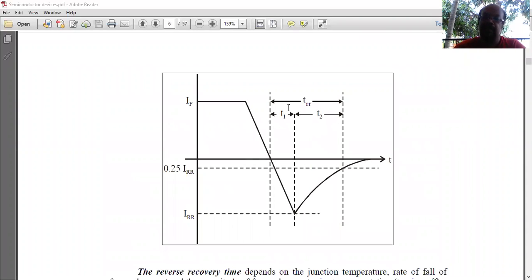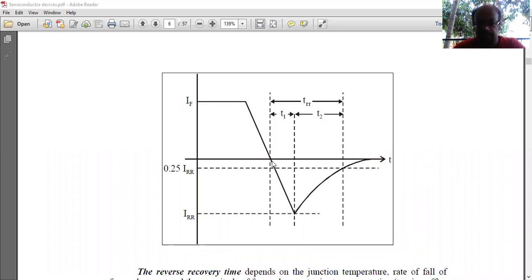Mainly this t1 is contributing more, because t1 is decided by how much time after the current becomes zero it will take to reach the rated reverse recovery current of the diode, plus how much time it will take to become 25% of the reverse recovery current. If you add these two, we get the total.